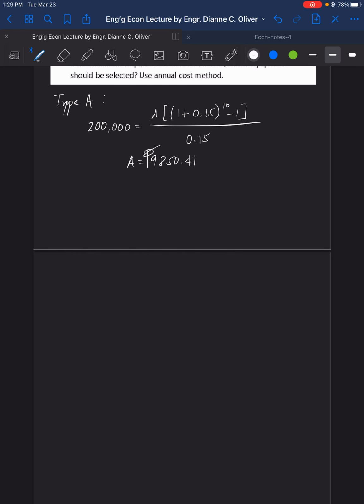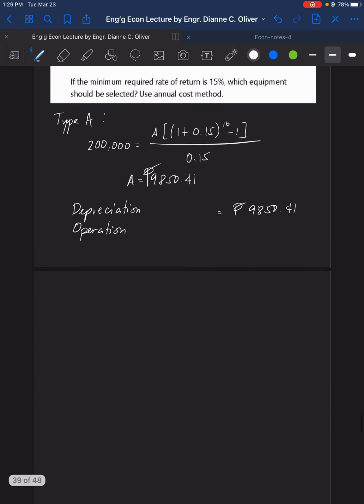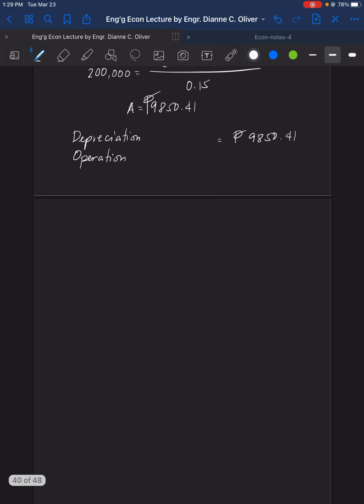So we'll tabulate it as depreciation, and that is equal to 9850.41. We have the operation cost. So annual operating cost, we have there 32,000. Then the labor cost of 50,000.